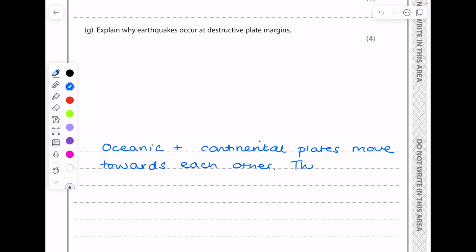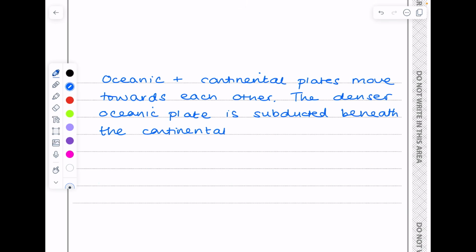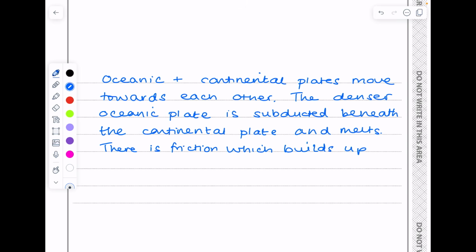The denser oceanic plate is subducted, or sinks beneath the continental plate, and melts. There is friction which builds up until seismic waves are released.